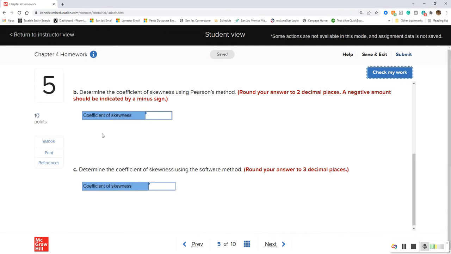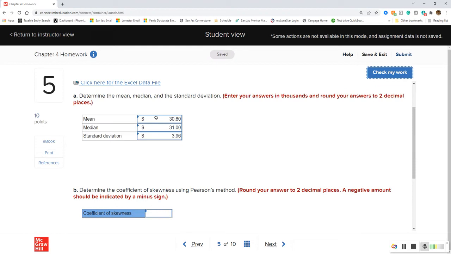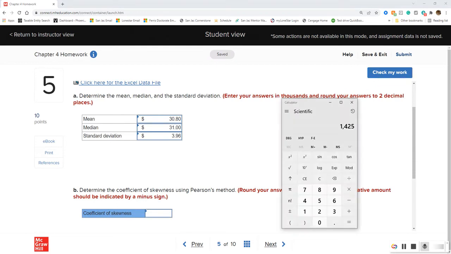All right. So, we're going to take the difference between these, calculate 30.8 minus 31, multiply it by 3, okay, and then divide by 3.96. Which equals 0.015.